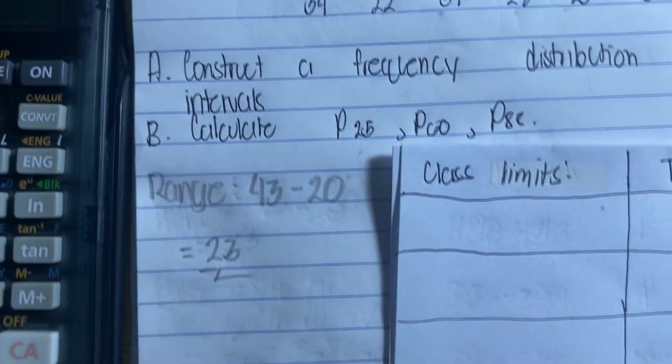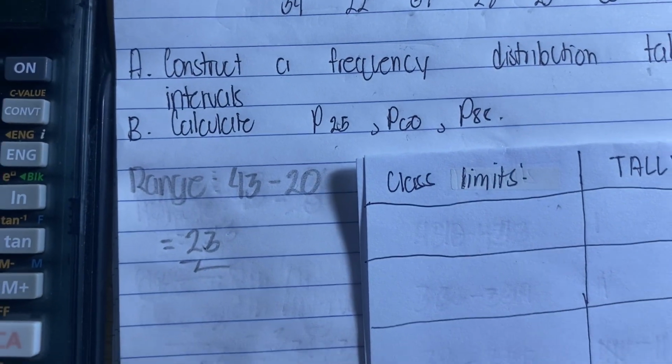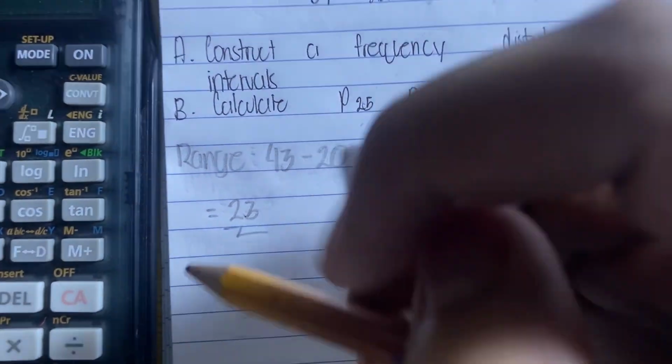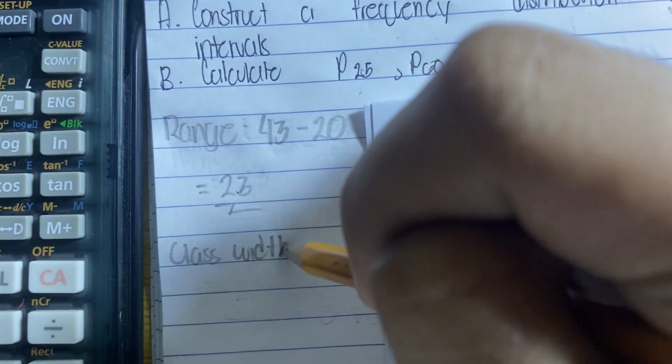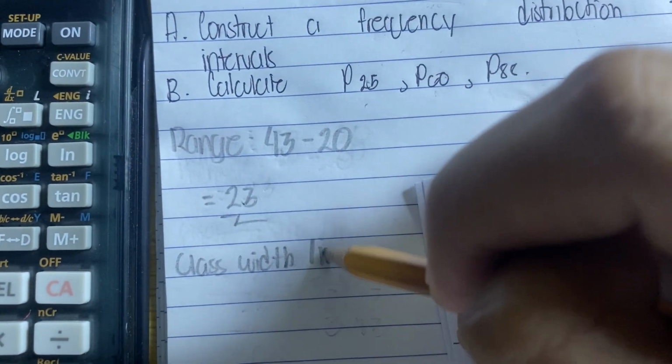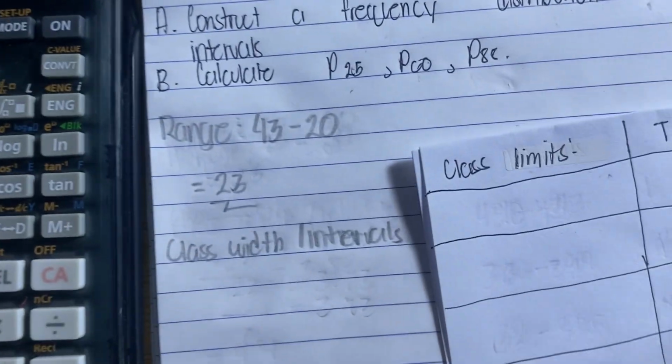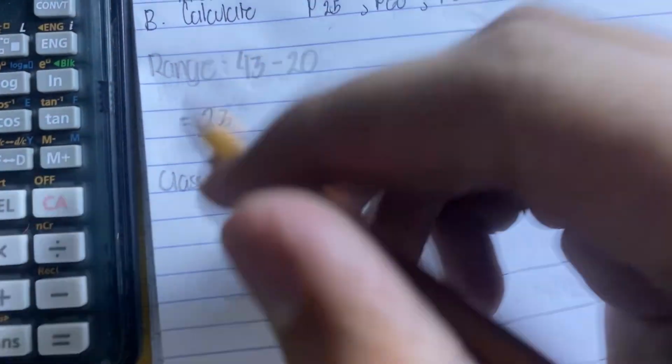Next, we divide the value of the range by the class size. Write down the intervals.